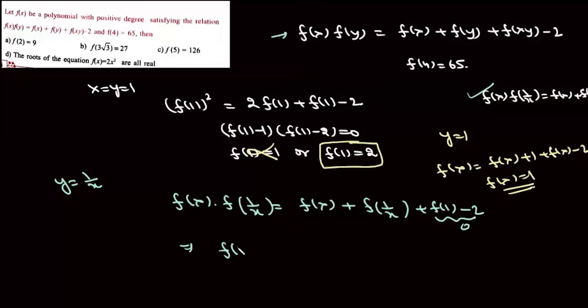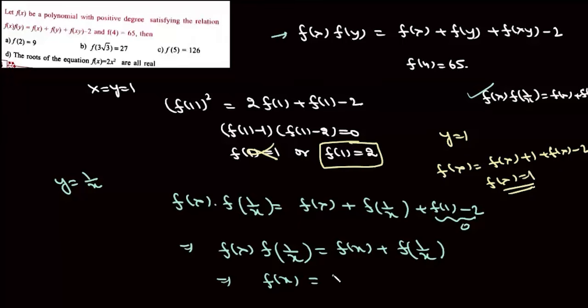So we'll get this equation, f(x) into f(1/x) will be equal to f(x) + f(1/x). And we know that such equations have a polynomial solution as plus minus x to the power n plus 1. Now we need to find the value of n. So we are given f(4) is 65.